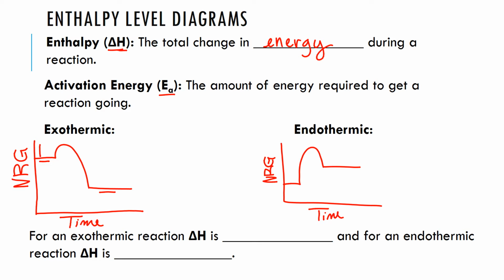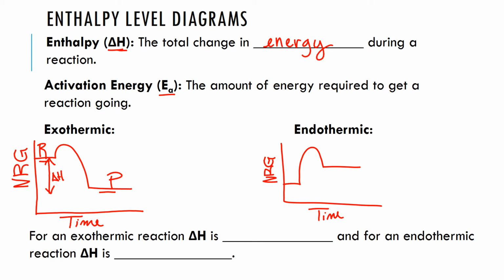The first horizontal line represents the energy of reactants, and the second line represents the energy of the products. Now, since the delta H is the total change in energy during the reaction, the area representing delta H will be the difference between the energy of reactants and the energy of products.